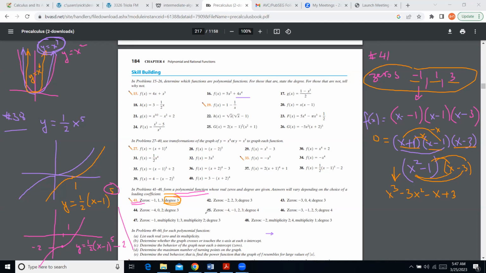So in exercise number 45, kind of similarly, I can say that since here we have 4 of those zeros, there are -4, -1, 2, and 3, then right away I can get the factors of this polynomial, parentheses with those zeros that will be subtracted from our variable letter x.